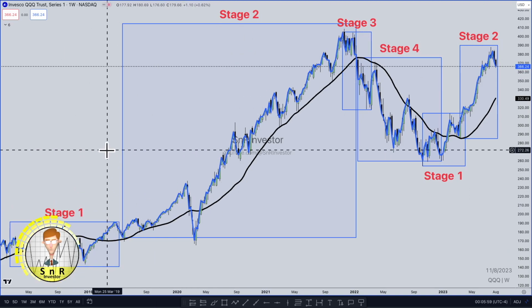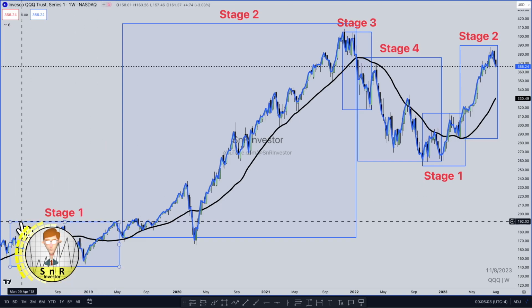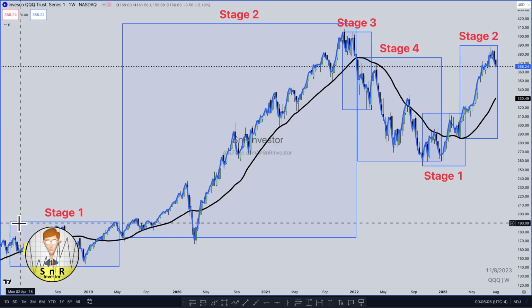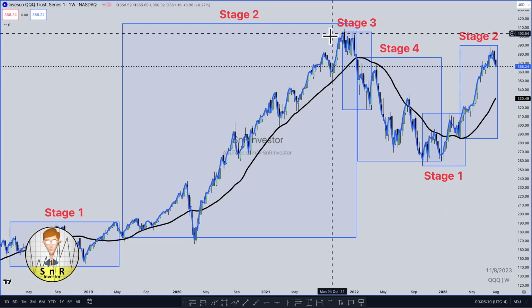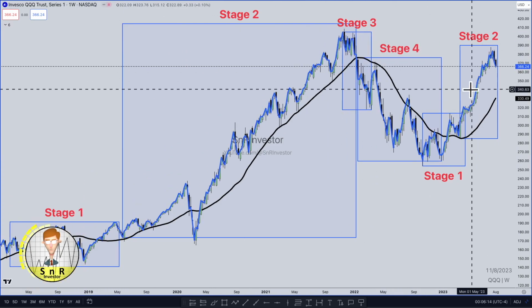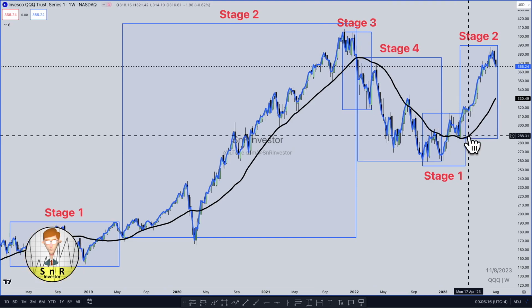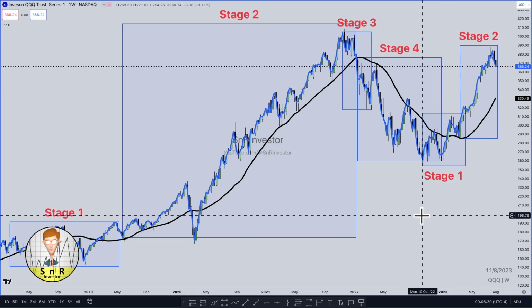So very similar to the S&P 500, you can see that the Nasdaq 100 QQQ fund has also been on a prolonged uptrend in the macro sense, and then in this year it also has made an up move in the stage 2 of its price movement.